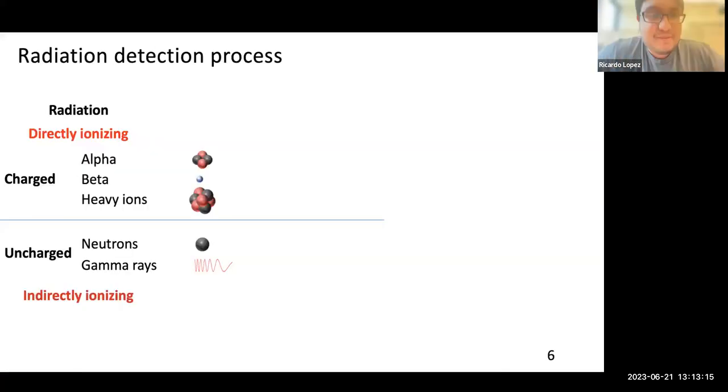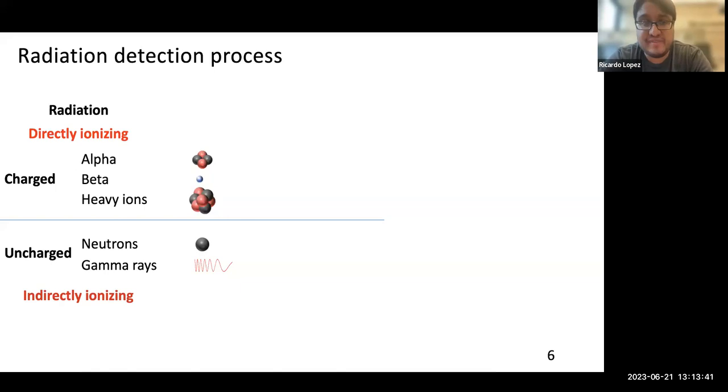So I'll start now with going through the actual processes in which we perform radiation detection. As we talked about yesterday, there's essentially two categories of radiation that we're concerned with. Essentially, we have the directly ionizing types of radiation, which the common aspect between all of these is that they're charged particles.